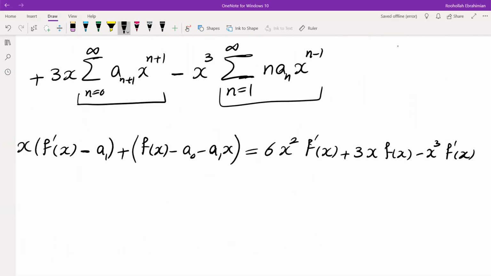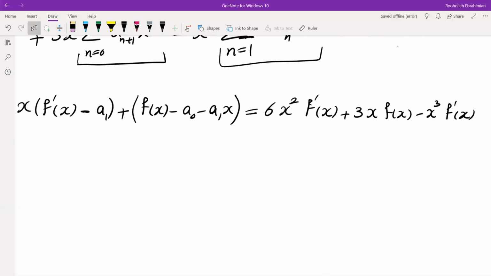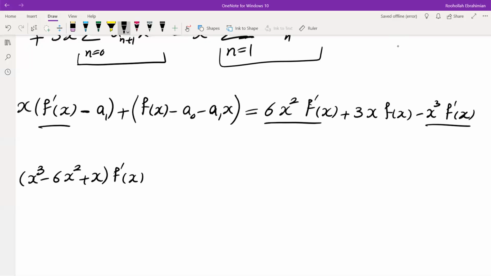So we'll plug in the values and we'll move everything to the same side and see what it gives us. Taking these three that have f prime, moving them to the left, we get x cubed minus 6x squared plus x, times f prime of x. Then I'll see what I have for f of x. I have a 1 here and a 3x here, so that becomes 1 minus 3x, times f of x.